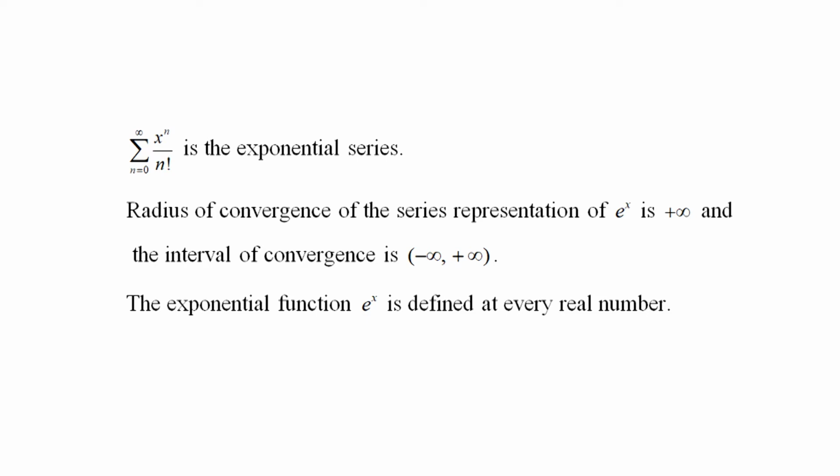The above discussion shows that the radius of convergence of the series representation of e^x is positive infinity and the interval of convergence is the open interval negative infinity to positive infinity. In other words, the exponential function e^x is defined at every real number.